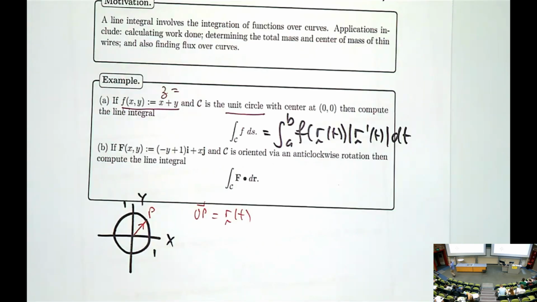But let's look at this mess for a minute, because it's just a year 12 or year 11 integral here. You've got a function of one variable, t, and you're integrating with respect to t from t equals a to t equals b. So how does this work? Let's look at our example again.